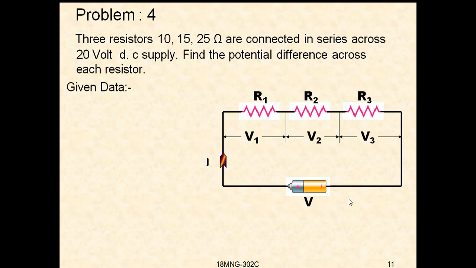In this problem, it is given that there are three resistors. Value of first resistor R1 is equal to 10 ohms, and second resistor R2 is equal to 15 ohms, and the third resistor R3 is equal to 25 ohms.